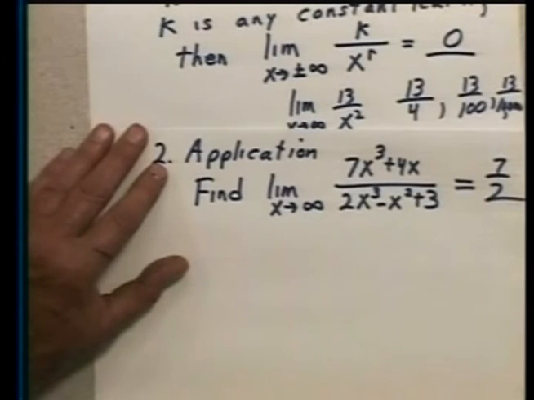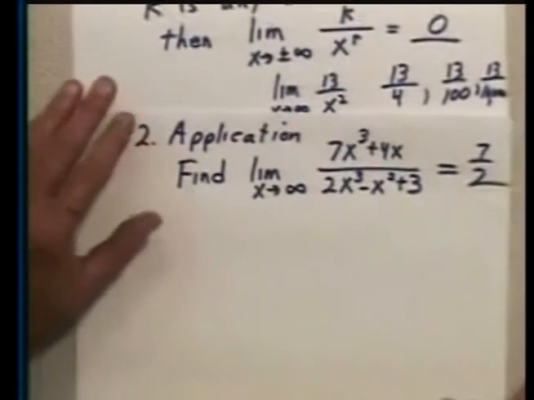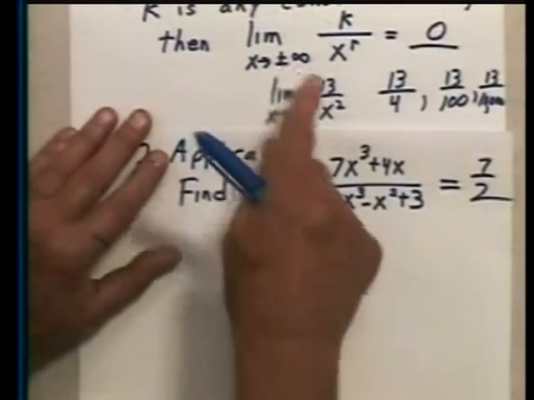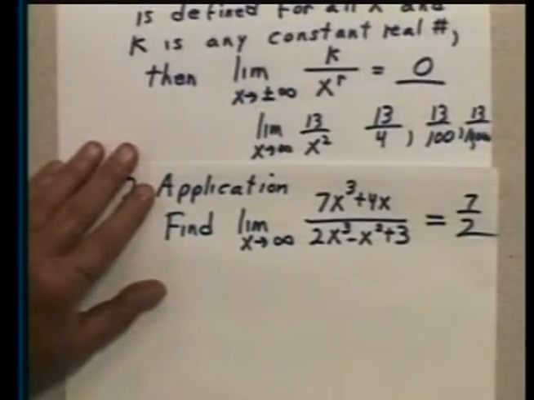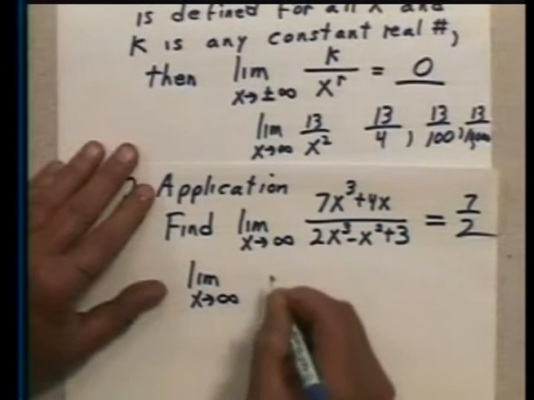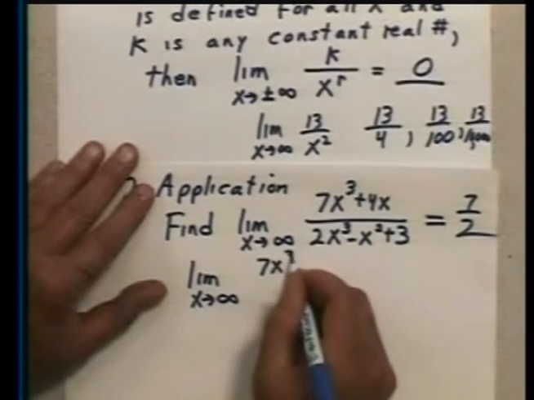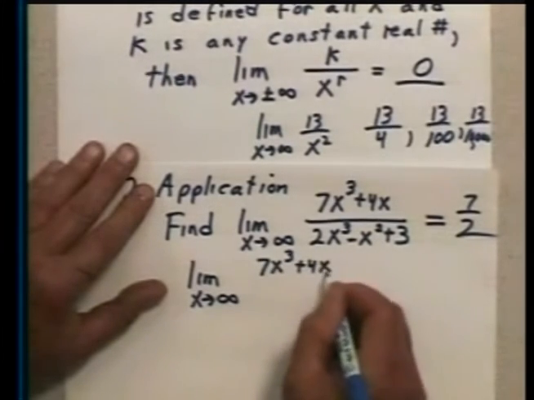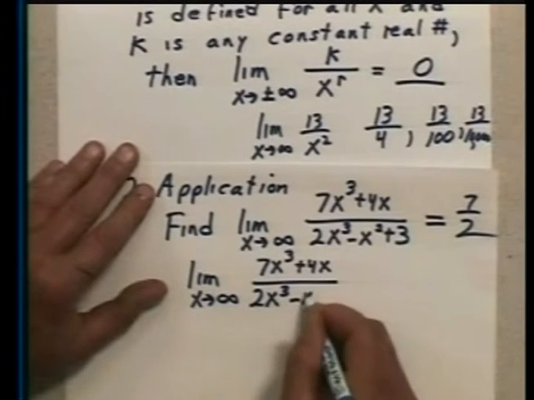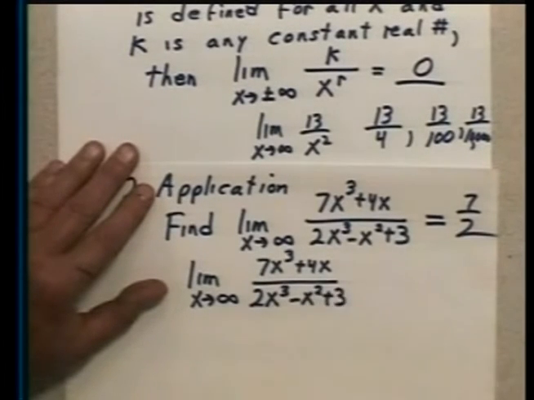Now, what's my job? To show you why pre-calc could teach you that, and tell you that it works. Well, it has to do with a little algebra and this property that we just did. So, starting from scratch, limit as x approaches infinity, 7x cubed plus 4x over 2x cubed minus x squared plus 3.